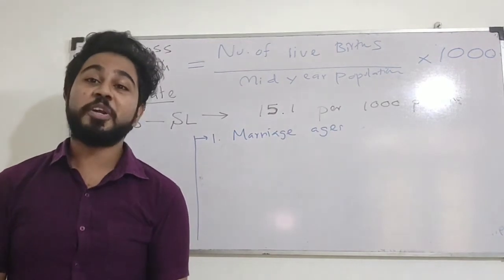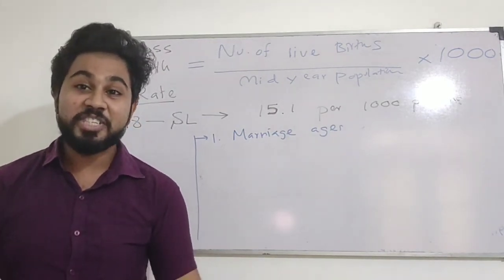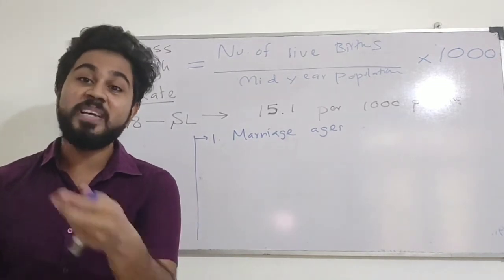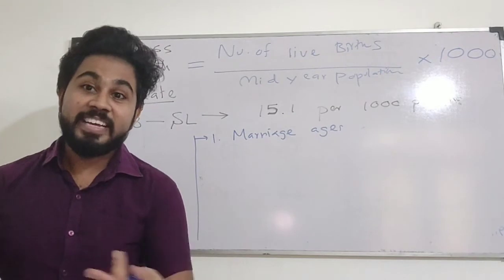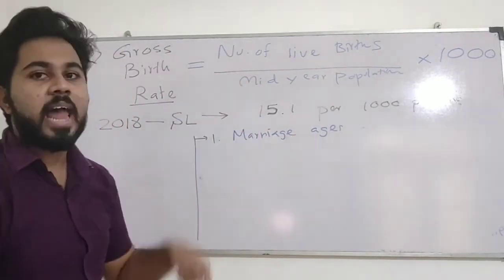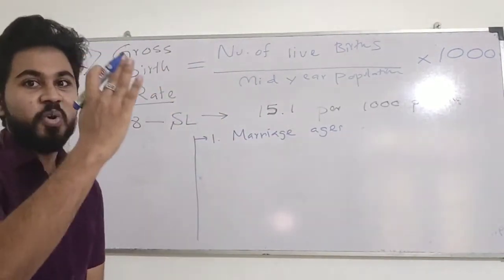We will be able to generate more babies at the beginning of our marriage life, and that means you are going to generate babies at the very earliest stage. Then it will increase what? Number of live births. If number of live births increases, the gross birth rate will go up.